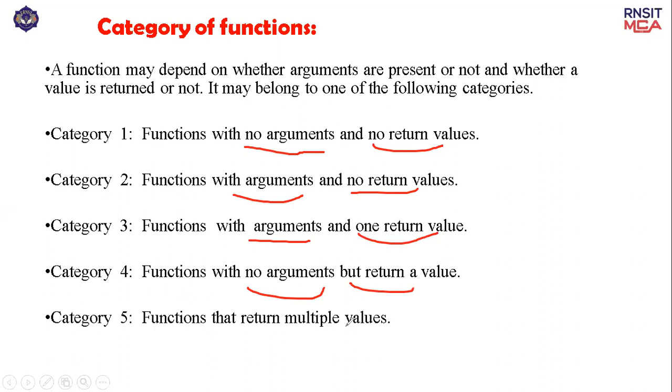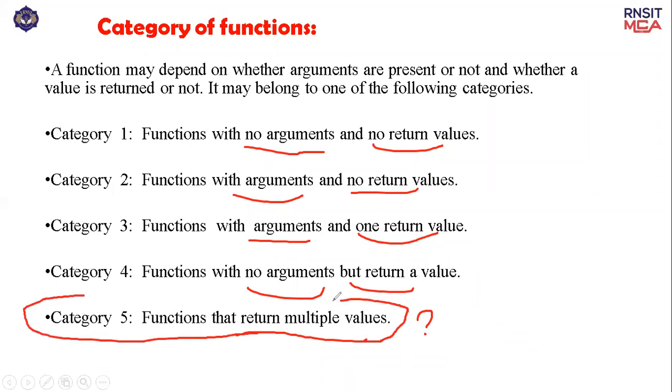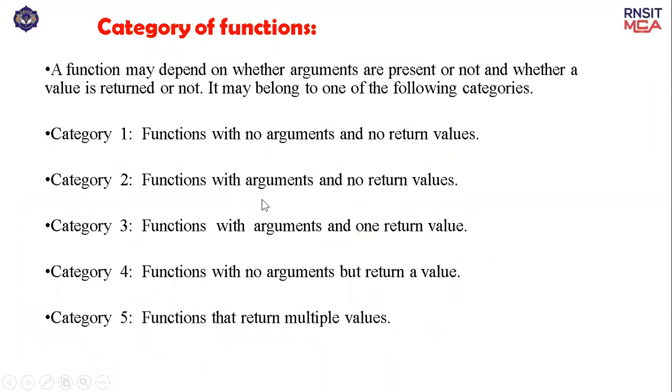And there are functions with multiple return values. This is very, very interesting. And we will discuss this category 5 in detail. This entire data structure is all about this concept. So very, very important. Now, let us look into the first category.